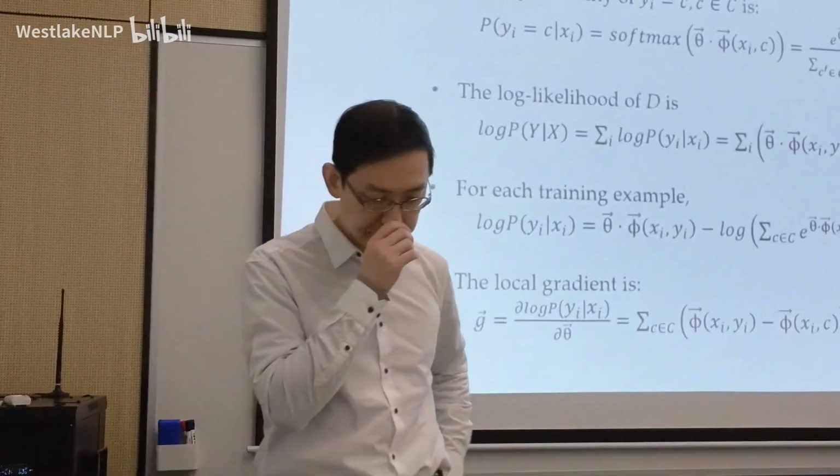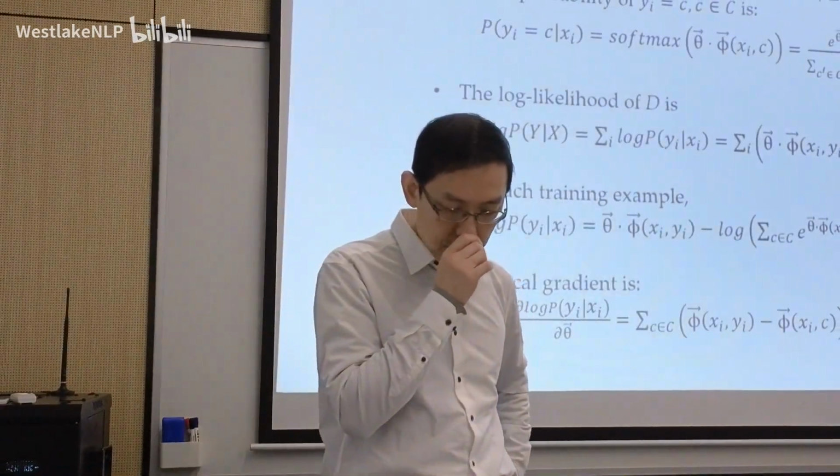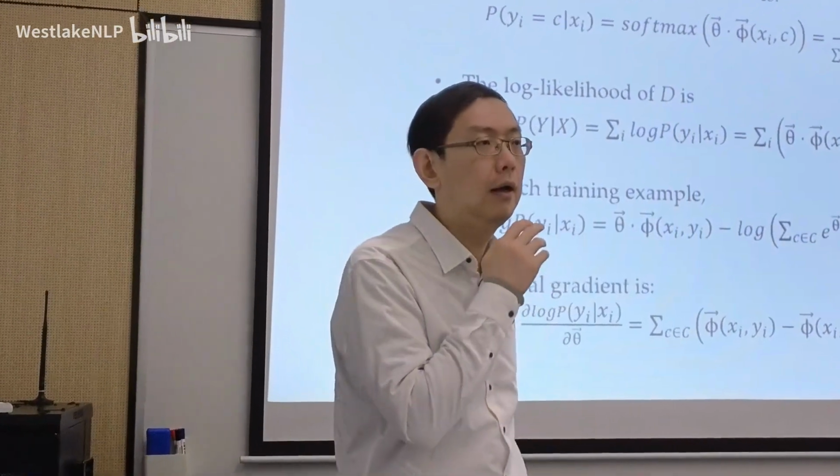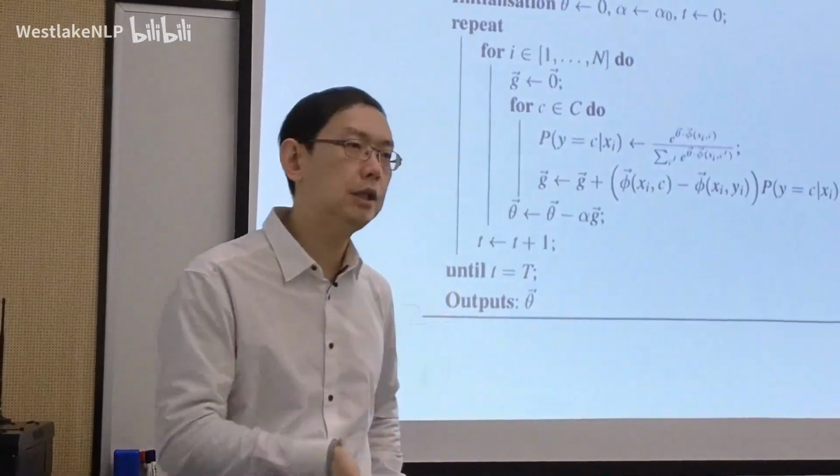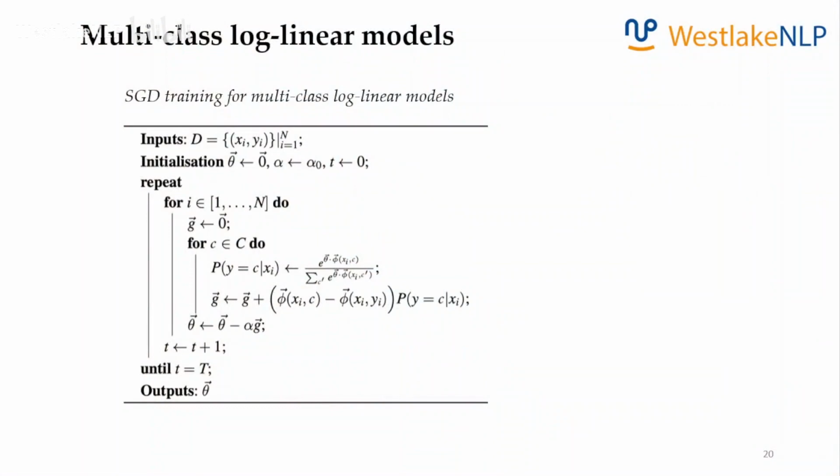You randomly initialize your theta, and you use the current model to go through your training instances multiple times. For each training instance, you first calculate its model probability, and then you do a parameter update, by adding the gold feature vector to your parameter vector and subtracting the feature vector of every class label.